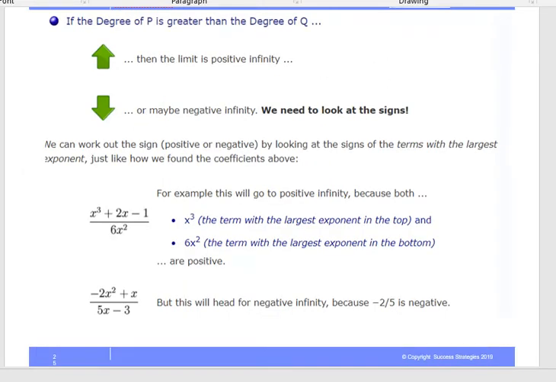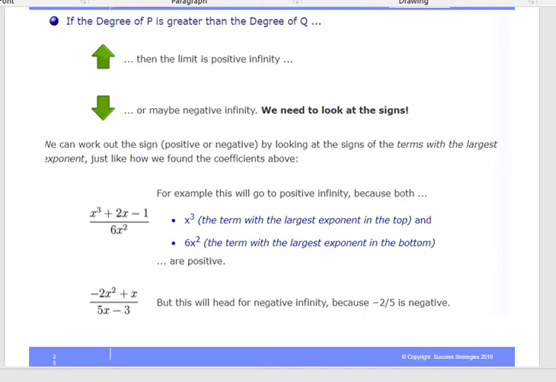So in this example, as you can see that the degree of p is obviously greater than that of degree of q. Now here x cube is the largest exponent in the top, whereas 6x square is the largest exponent in the bottom. Now both are positive. So now since degree p is greater than degree q, the limit will be positive infinity.